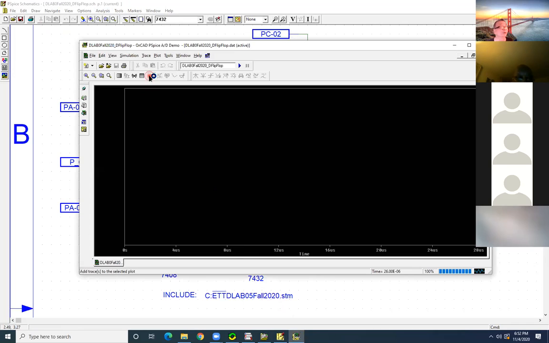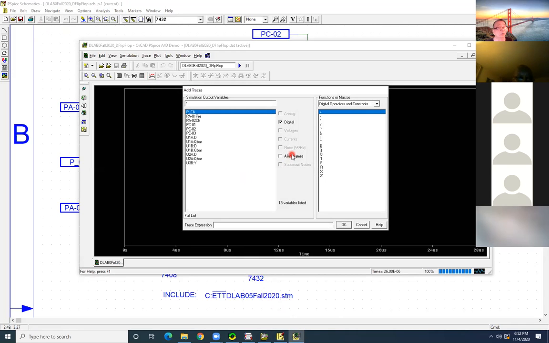Okay, so we can trace in here, remove that one here. I want the clock, reset, clear, pin 1, 2, 3.